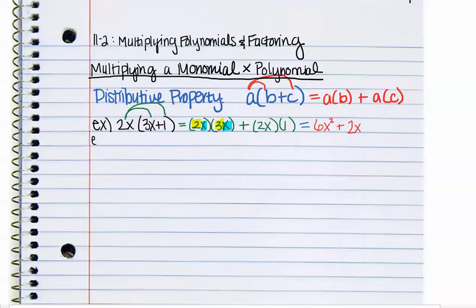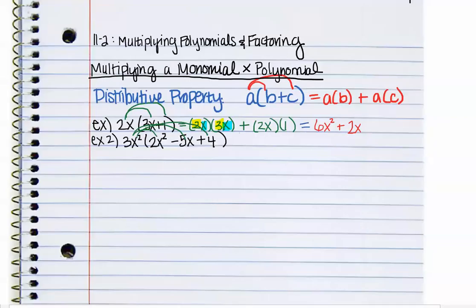So we're going to do an example 2, where we're going to take something a little bit more complicated, such as 3x squared, which is still a monomial, times something like a trinomial, such as 2x squared minus 5x plus 4. So we're still distributing. We're going to take this 3x squared and multiply it by the 2x squared, then by the negative 5x, and then last by the 4. It gets distributed to everything in the parentheses.